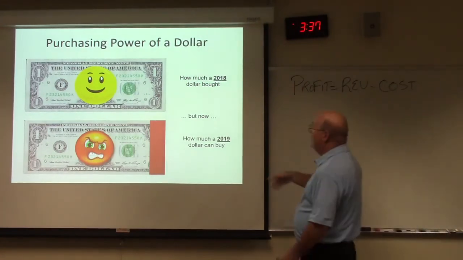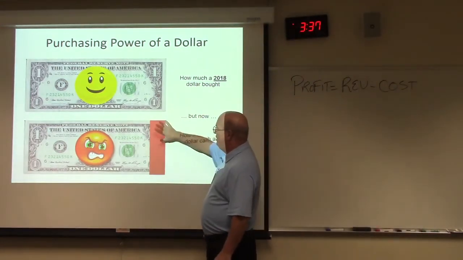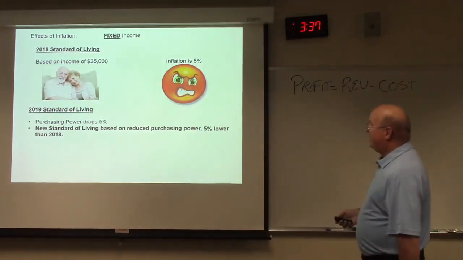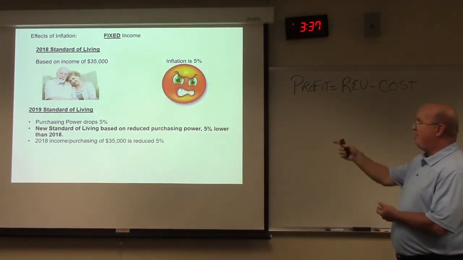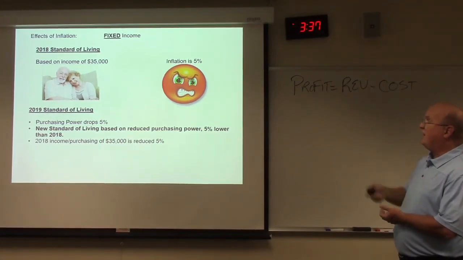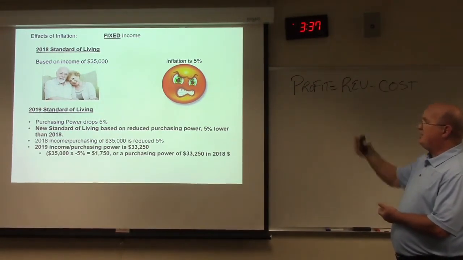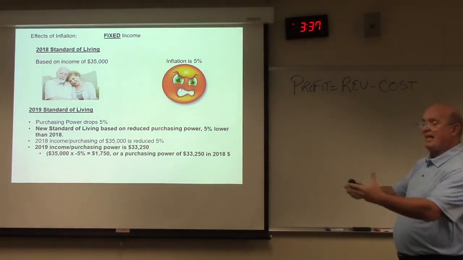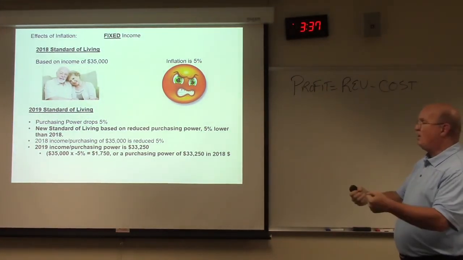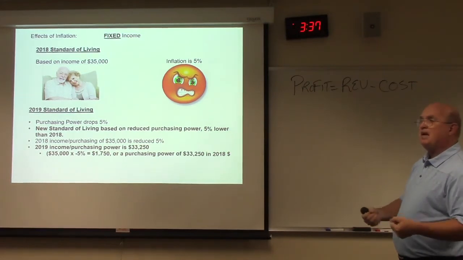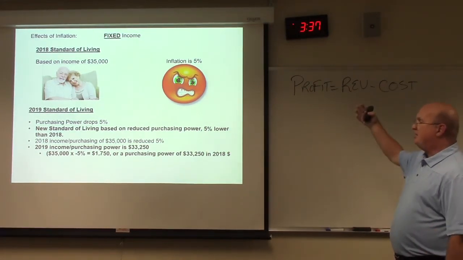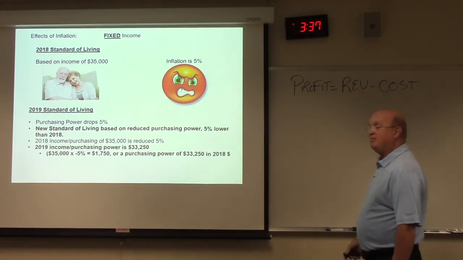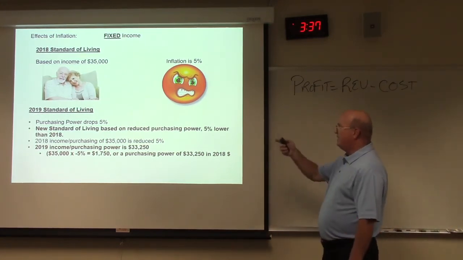So what they were able to buy last year, they have to cut back this year. So technically, that $35,000 in 2018 becomes $33,250 in 2019. Even though it says $35,000 when they get it, it's only worth $33,250 in purchasing power compared to the year before. Right? So their standard of living dropped $1,750.